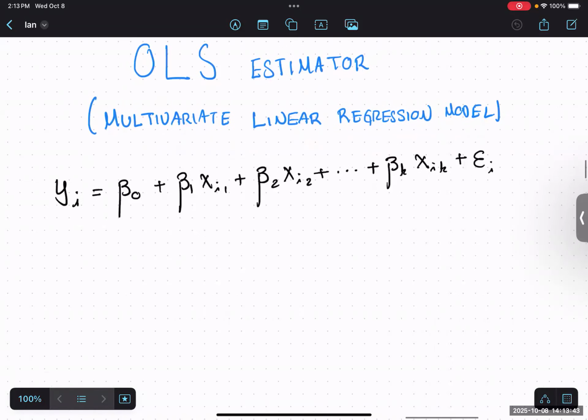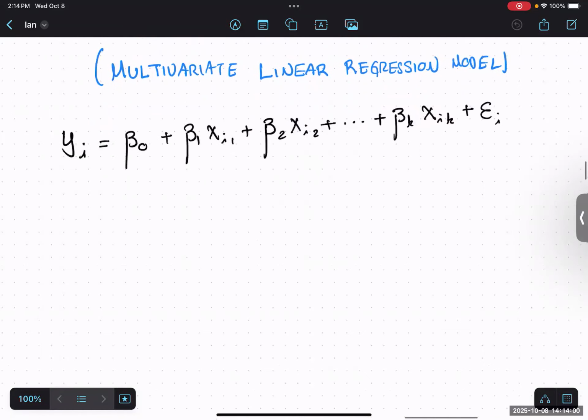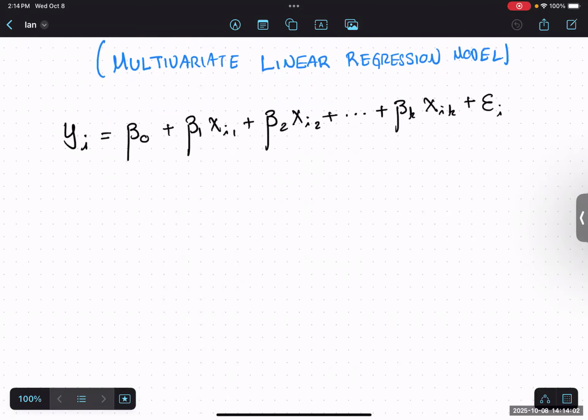That's convenient because you don't have to write all the betas, beta 1, beta 2, beta 3, and so on. And also, you represent with matrix notation the data that you actually have in practice. That's very nice. So for example, in practice, what you will have is a vector of the dependent variable.